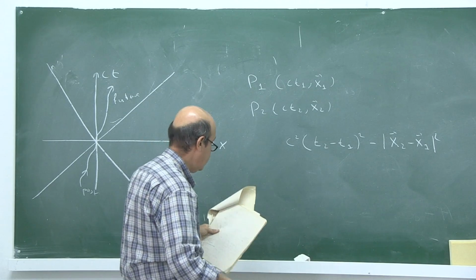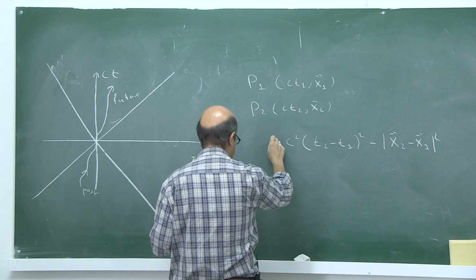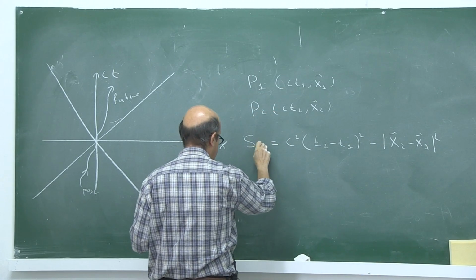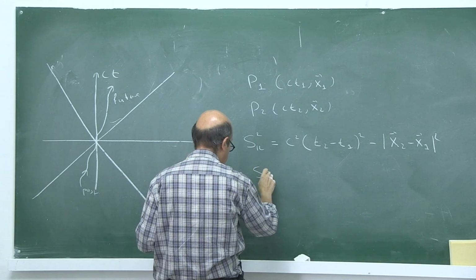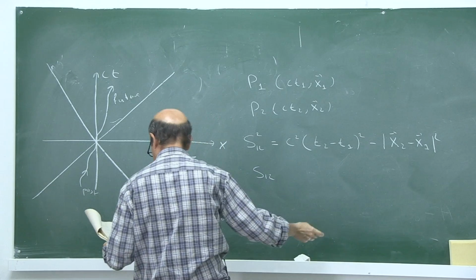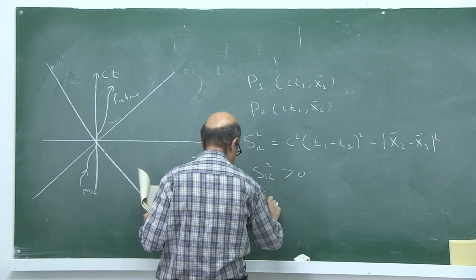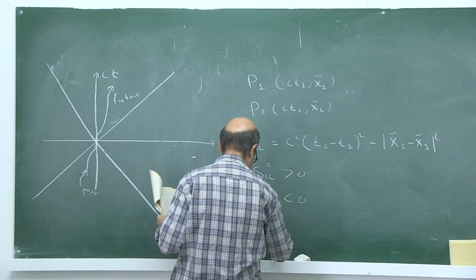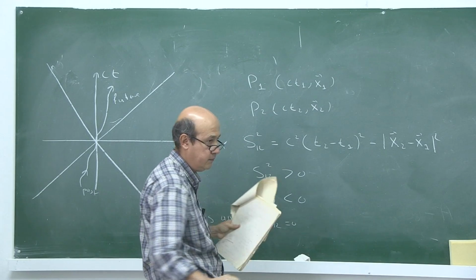And there are meanings of this. So it is called, let's say, S12 square, that length. The options are the following. S12 square could be greater than 0. S12 square is less than 0. And S12 square is equal to 0.